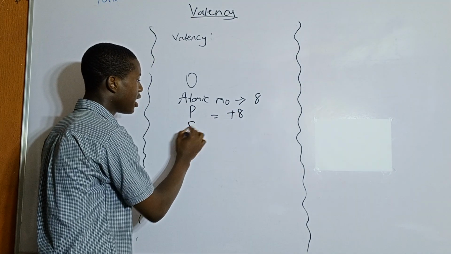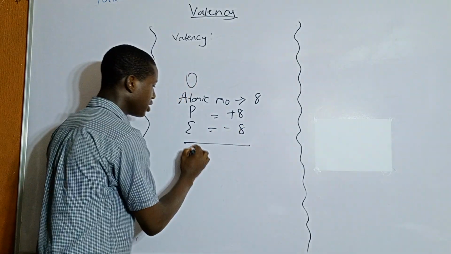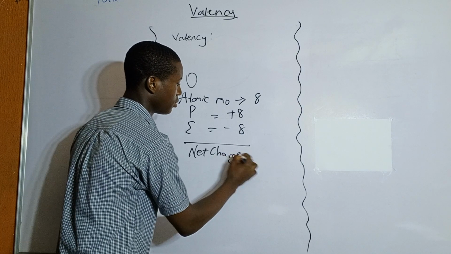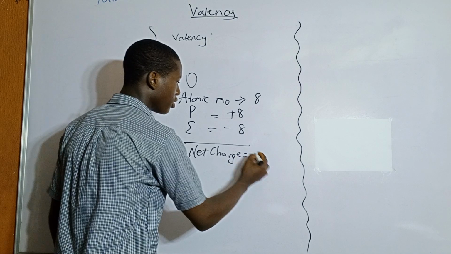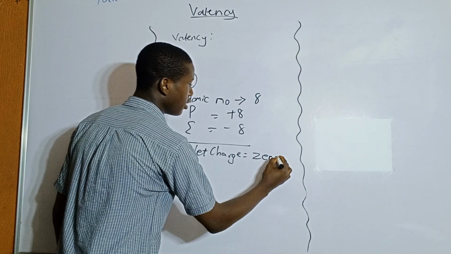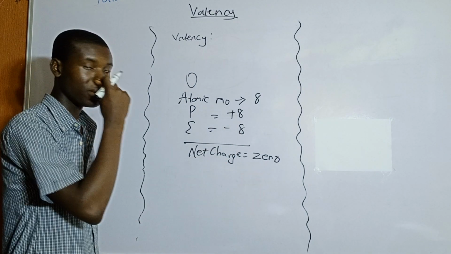And what electrons? Minus 8. Now the net charge of an oxygen atom will be equal to 0. That is, plus 8 minus 8 will be equal to 0.